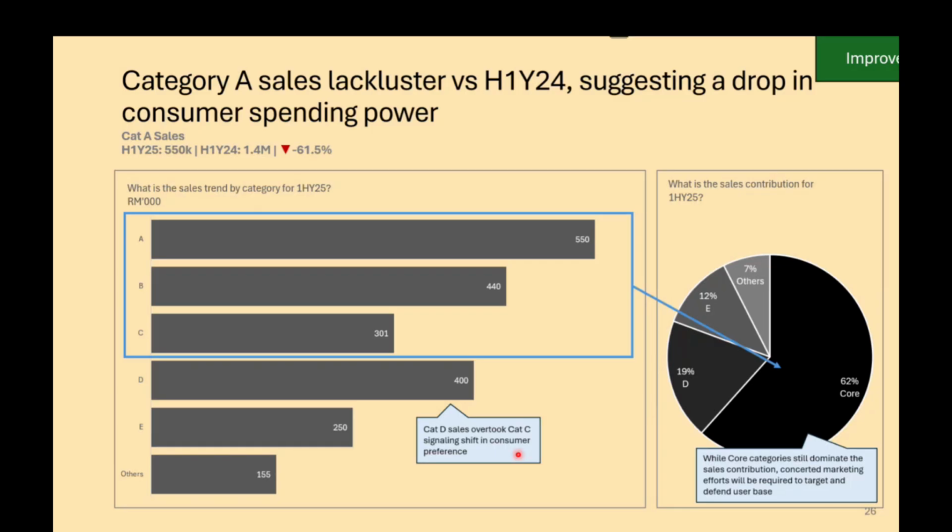So say for example, all this while you have been selling sweet tea and suddenly kombucha sales is going up, it sometimes means that people are getting more and more health conscious.